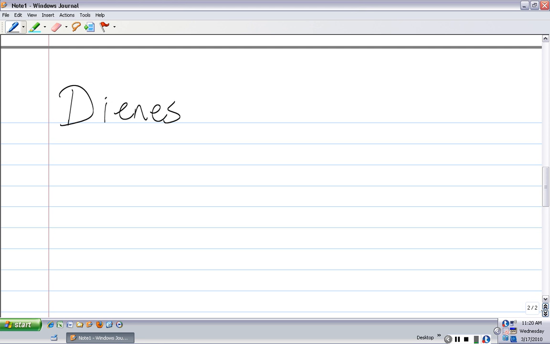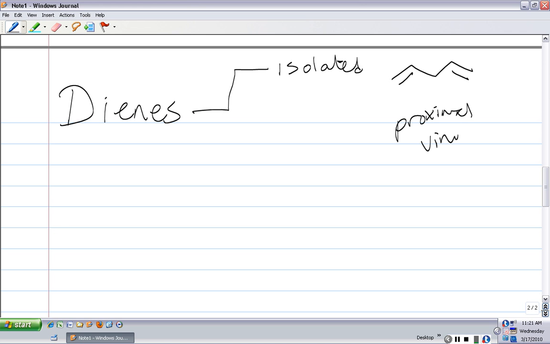I guess we'll classify dienes, and we can do that in one of 3 ways. Dienes can be classified as isolated dienes, and an isolated diene is one in which the proximal vinylic carbons, in other words, the inner vinylic carbons, the ones that are close to each other, are separated.